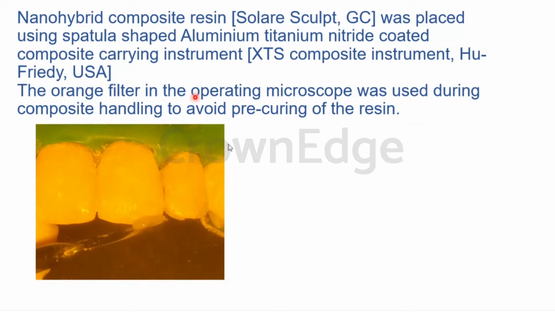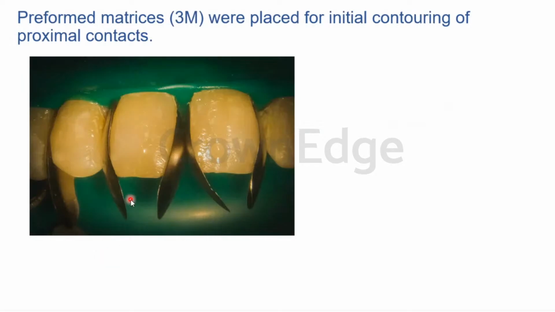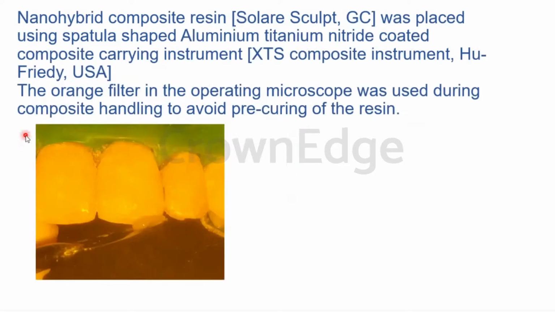And also you can see that the lighting has changed from natural lighting to an orange filter. This is because the microscope has an orange filter in order to avoid the pre-curing of resin. We know that if we use white light, it can pre-cure composite during handling. So that is the reason why we use an orange filter, so that it is the opposite side of the blue spectrum, right?